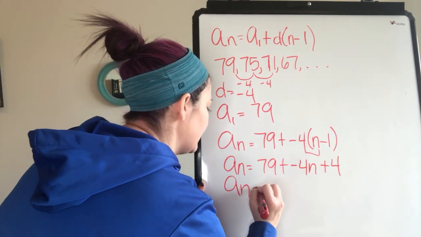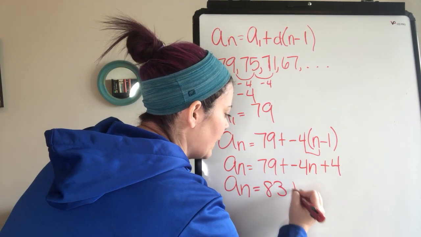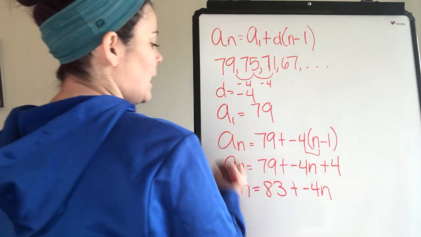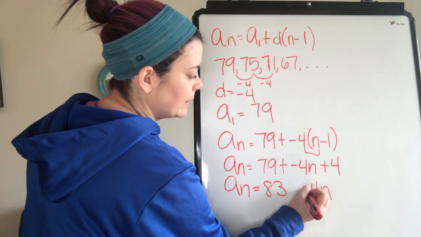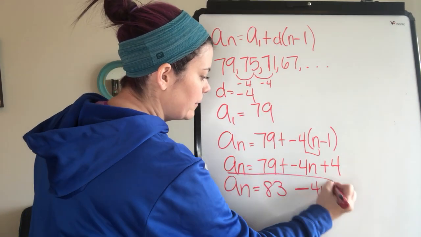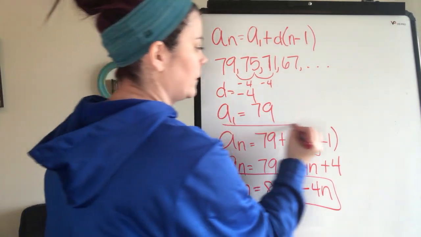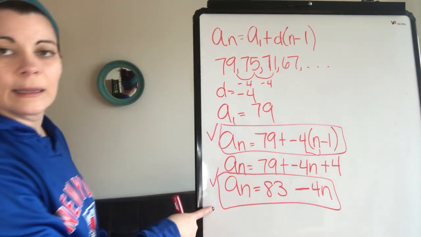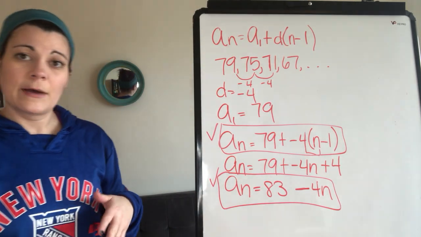So a sub n is 83 plus negative 4n. And technically, I can just write minus 4n. You might see both of them. They're both right. This is just the simplified version. So that's the equation for that pattern.